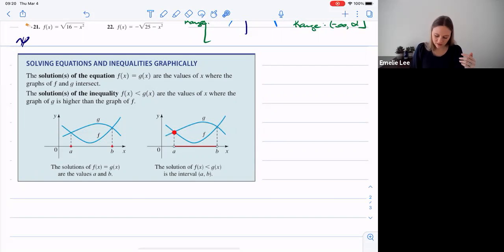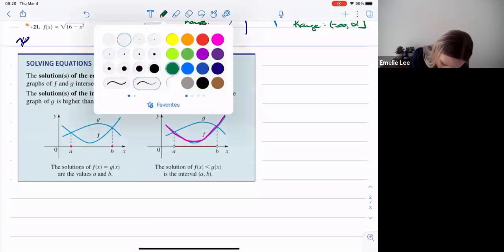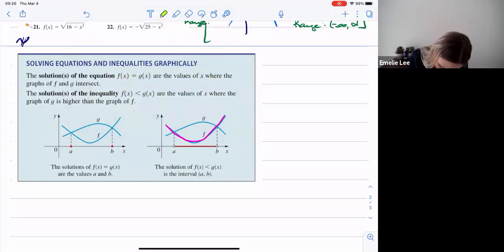So on this graph, for this first value of x, g is less than f, right? Because here, let's draw these in kind of different colors. Here, f is this pink one, and I'll do g in, oh, that's a bad color, isn't it?